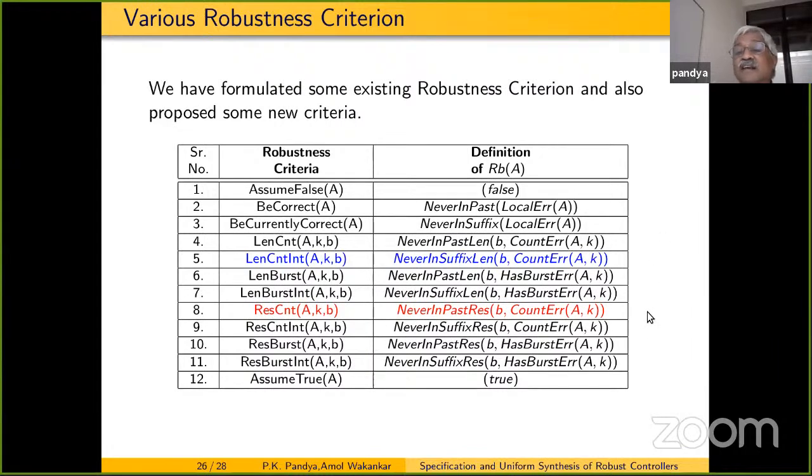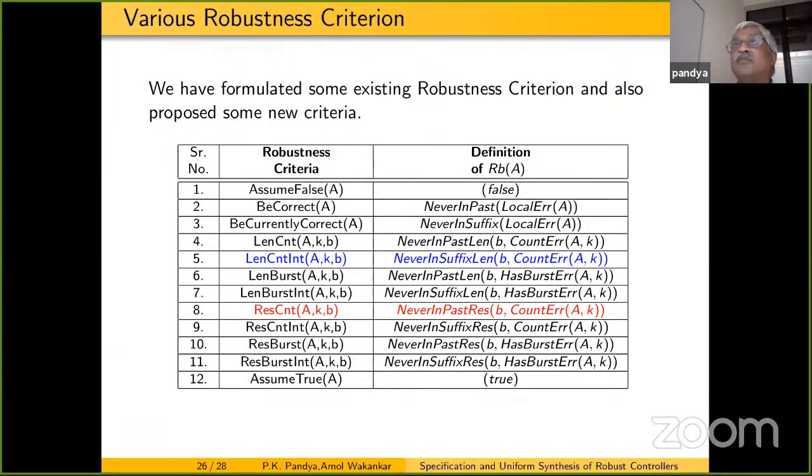Here is a resilience condition, the kb-resilient control robustness criterion of Heller and Topko, which says the following: you may have things going wrong, but between any two intervals where there are at most k assumption violations, there should be a period of length at least b where there are no assumption violations.